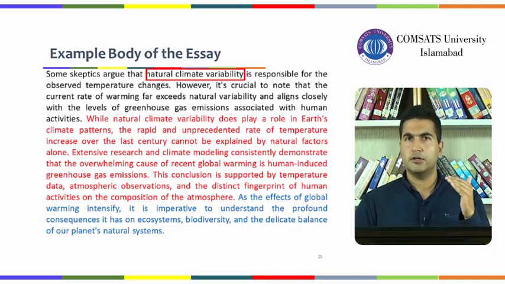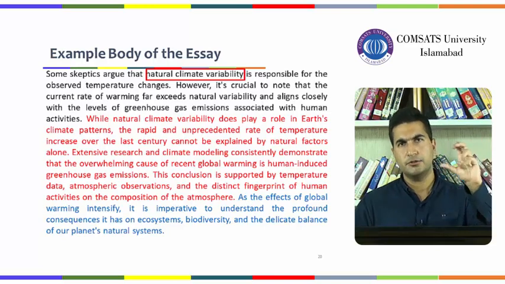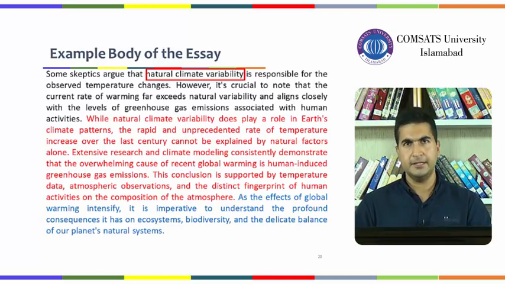So in this way you structure body paragraphs. Hopefully you got the idea. You can study it even further, but this example stands as a good way of explaining how you write a body paragraph. In the beginning you give a topic sentence, then supporting details and then conclusion.